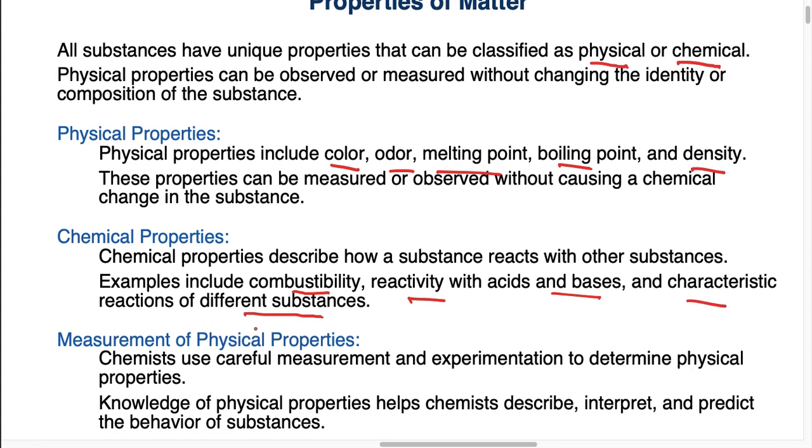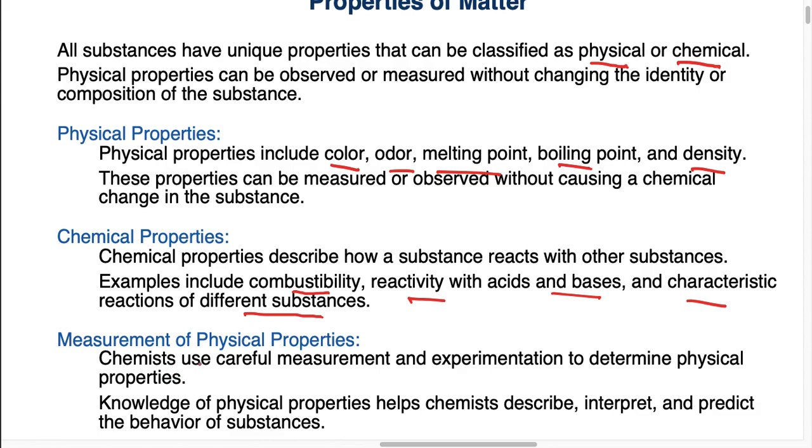The next important question is how we can measure the physical properties. One important point here is that we don't need any chemical change in our substance. So let's see how chemists measure these properties.